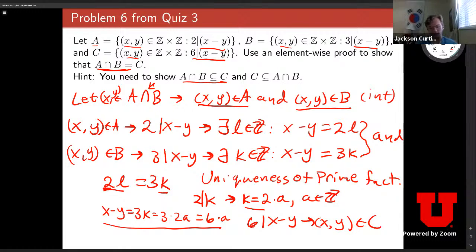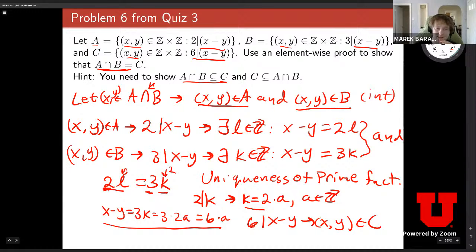It all boils down to this: looking at this side, the 3 has to be in this L, and looking over here, the 2 has to be in this K. If you hadn't written that, you could have just said, we have 2L equals 3K, therefore 2 divides K. That's fine.